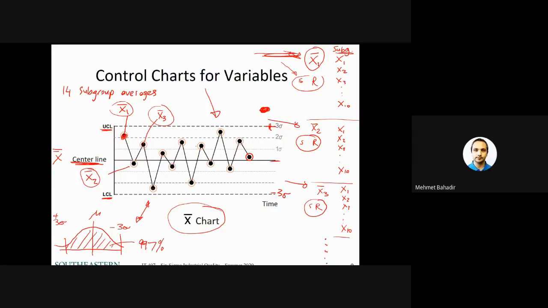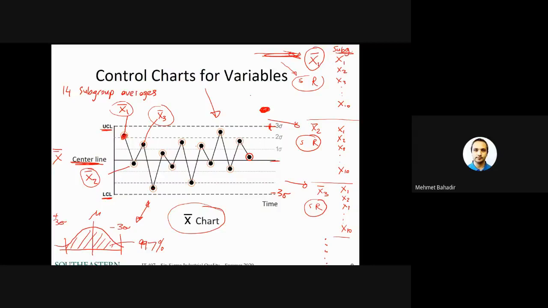It is a very, very small probability to find, right? It's less than 1%. So if you find a subgroup average outside those limit points, it clearly shows an out of control point. That's how important the limits are, all right? Because they are very powerful. They represent 99.7% of all the data points that you collect.